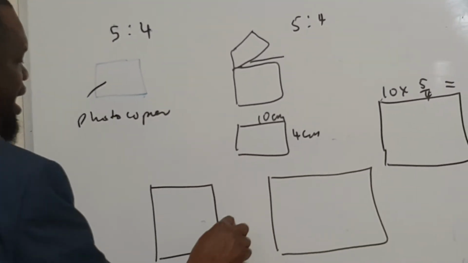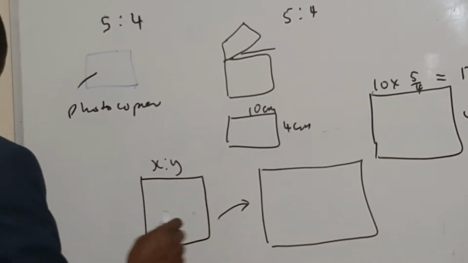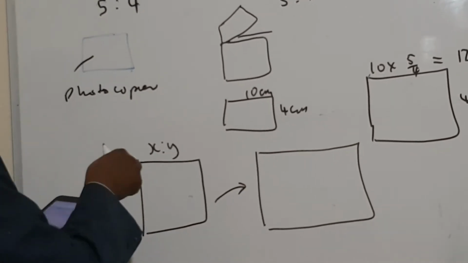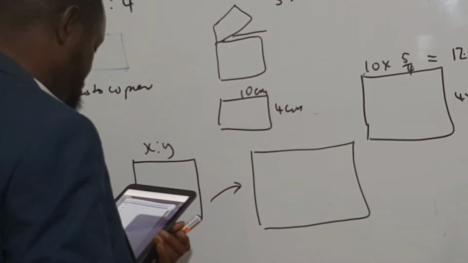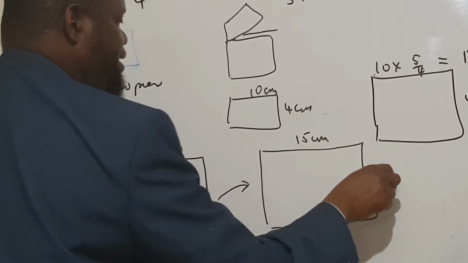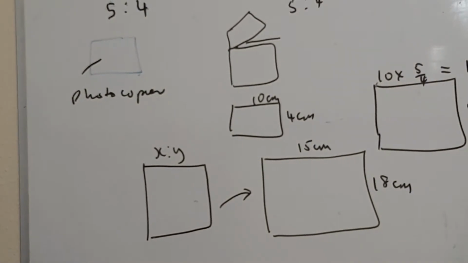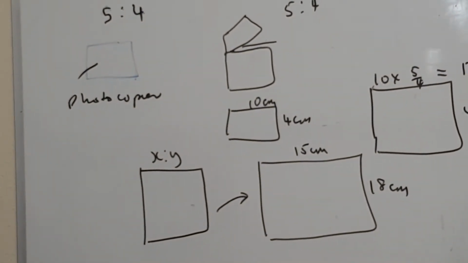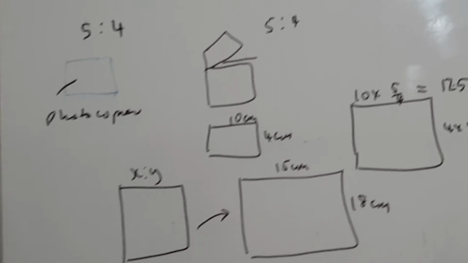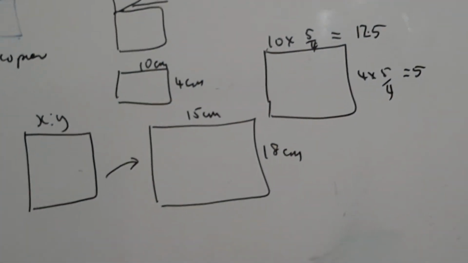That means after the enlargement ratio of x is to y, the dimensions are 15 centimeter by 18 centimeter. So what is this ratio? Now it is the reverse. It would be 5:6.